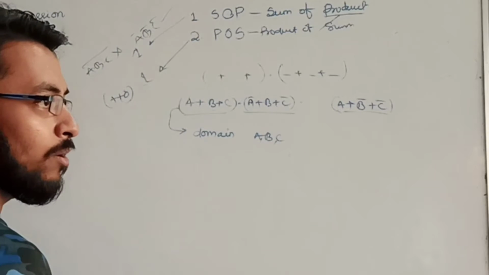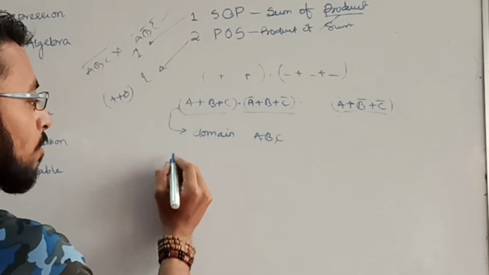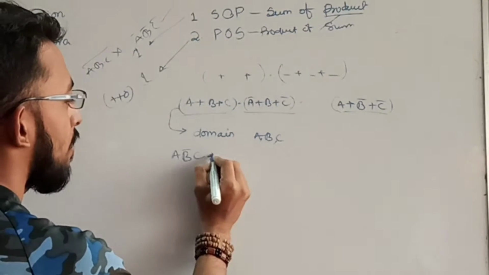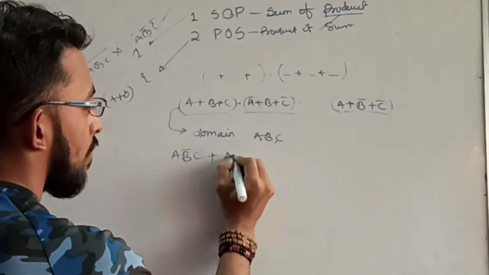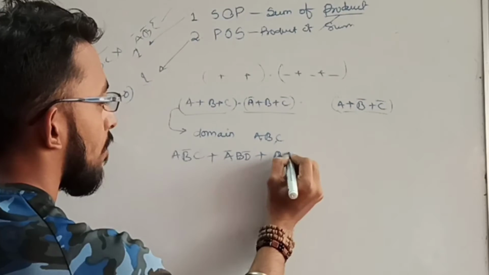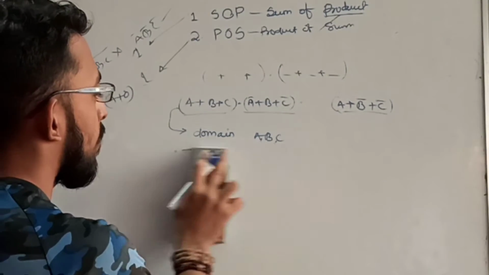Now we'll see how to convert a normal POS to standard POS form. Let's take one example: A, B bar, C plus A bar, B, D bar plus B, C, D bar. Sorry, why am I writing again in SOP form?